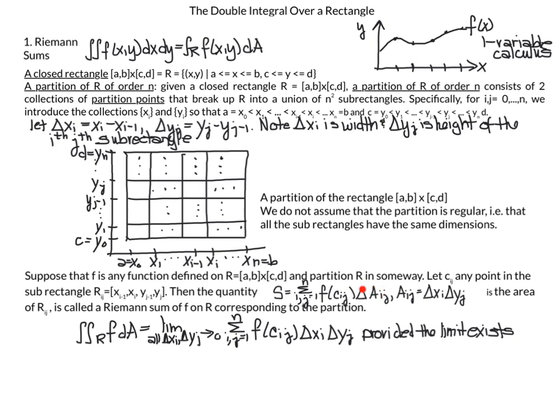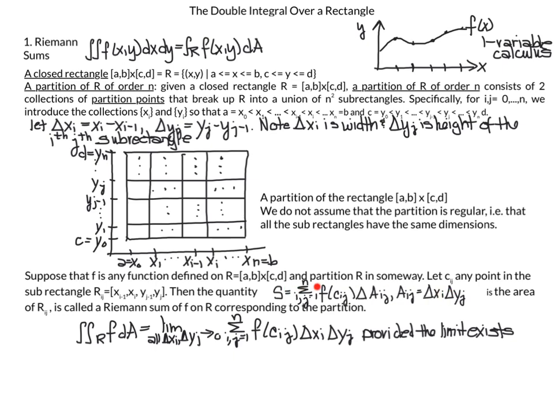And again, the area A sub ij is just equal to the change in x times the change in y. So this part is my domain, kind of the base of what I'm going to have for my volume, and f of c sub ij gives me my height over the base, and that's how I get my volume.